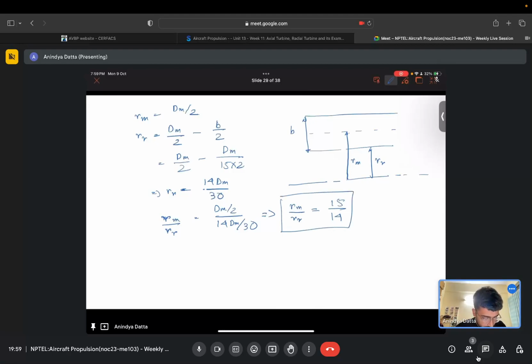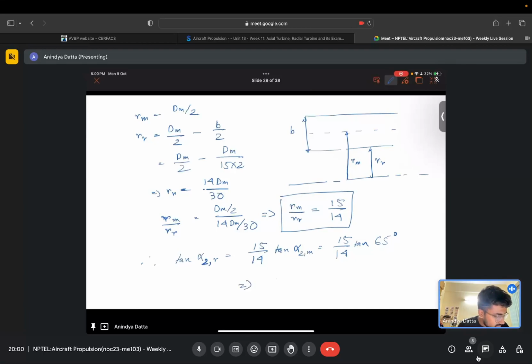Then what we have to find out is tan of alpha 2 at the root. That is 15 by 14 times tan of alpha 2 at the mean. This is 15 by 14 of tan of 65 degrees.